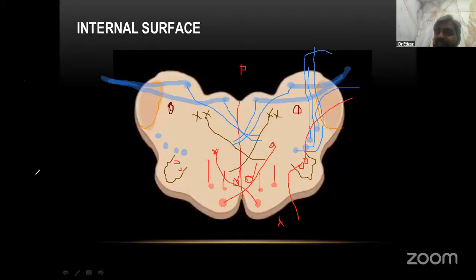But this is the one transverse section I told you about earlier. With the help of this one, we can make four transverse sections of the medulla oblongata at different levels. Whatever the level is, those nuclei will be there.